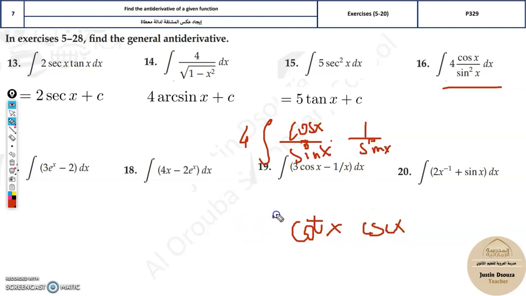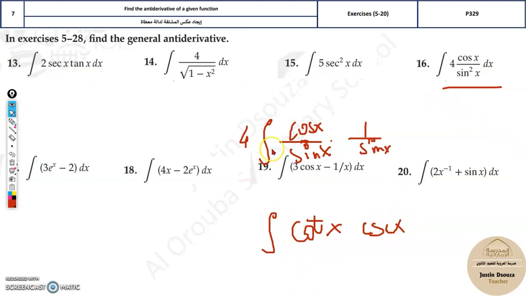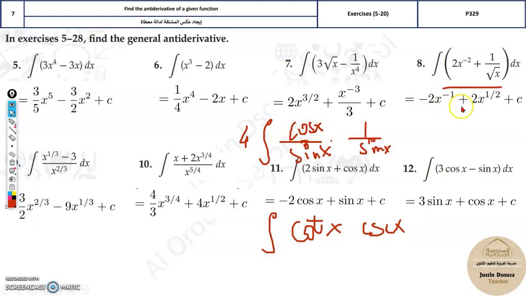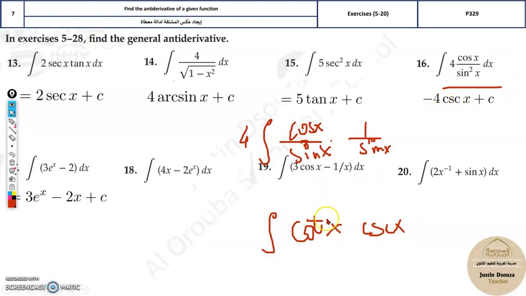We know the integral of cosecant x times cot x is minus cosecant x. If you go back to the formulas, you can see cosecant and cot, when multiplied, give minus cosecant. Therefore, we get minus cosecant. This 4 is a constant, right? Write the 4 plus c.